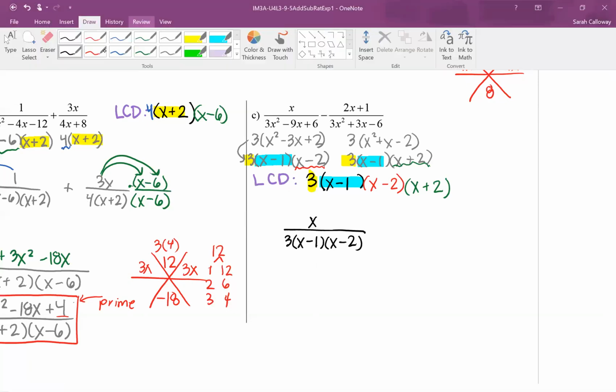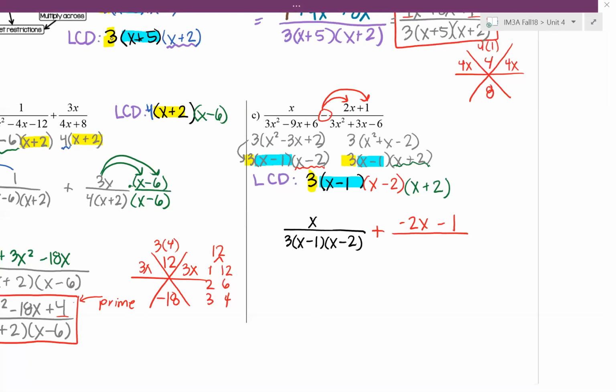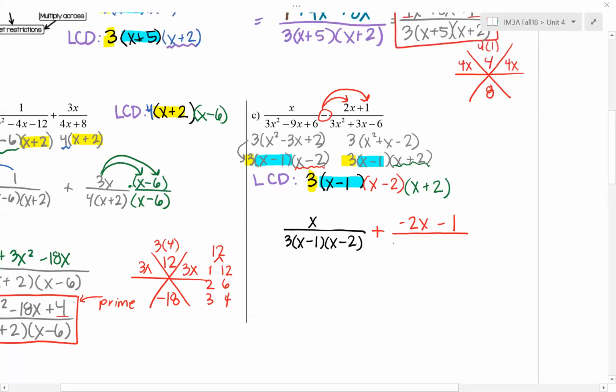What we're going to do with this numerator is distribute our negative so that we don't have to worry about it later. So we're turning this into addition, and we've got negative 2x minus 1 for our numerator, and then our denominator is the factored version, 3 times x minus 1 times x plus 2.